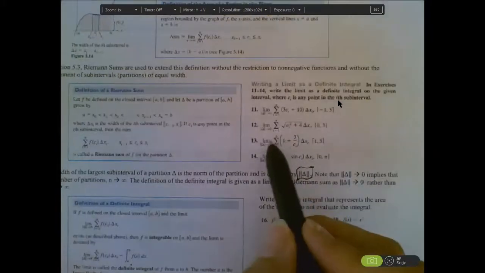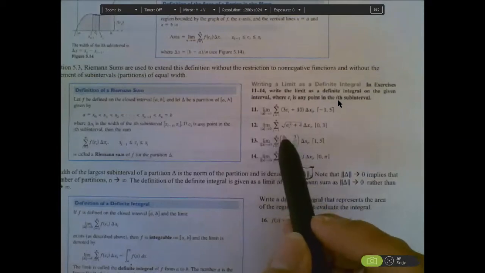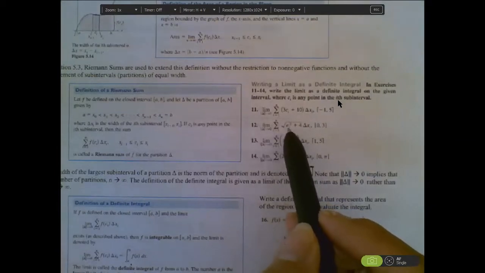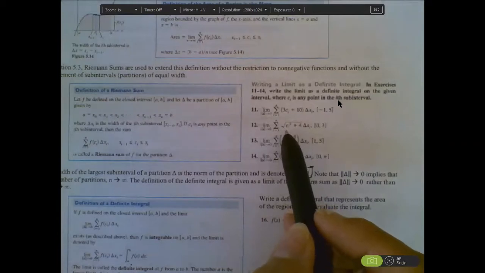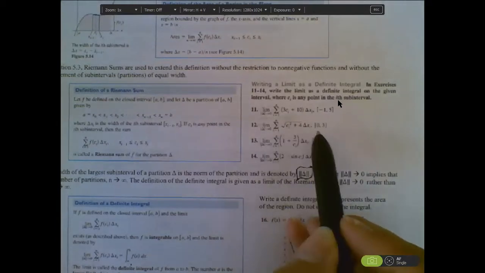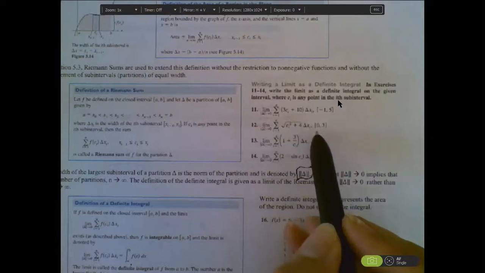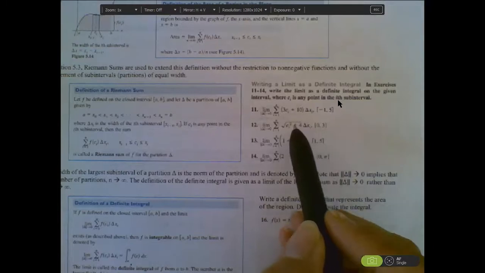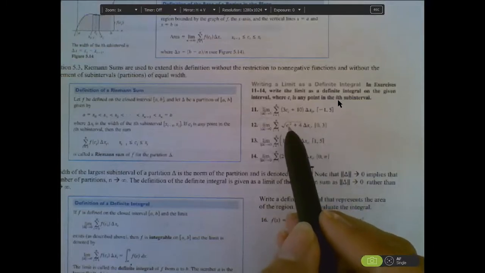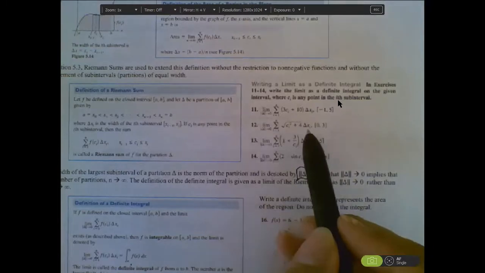On number 12, if we said our variable that's changing here is c sub i, c sub 1 would be 0. c sub 2 would be something really close to 0. Doesn't have to be 1, but maybe 0.001, and then c sub 3, c sub 4, c sub 5, on and on.